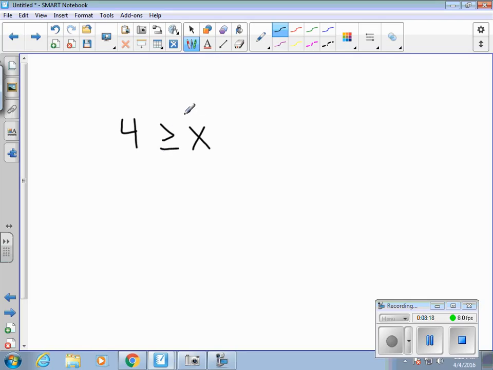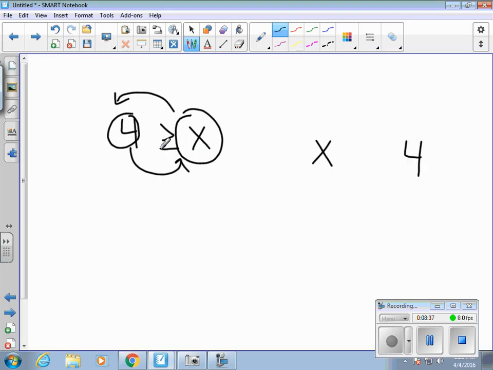All you're going to do is whatever's on the right is now going to move to the left, whatever's on the left is going to move to the right, and this inequality flips directions. So x is going to be on my left, 4 goes to my right, and it's like a revolving door. It's going to flip that circle. So this is still pointing to the x.